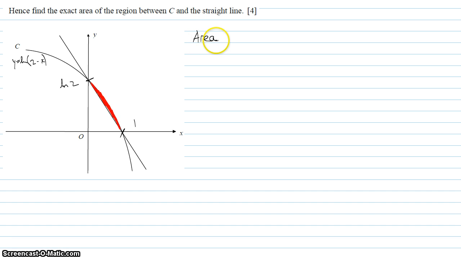So the area I'm after is the integral from 0 to 1 of ln(2 − x) dx, minus a half times the base, which is 1, times the height of the triangle, which is ln 2. But this is not very good for me, because I don't actually know how to integrate ln.